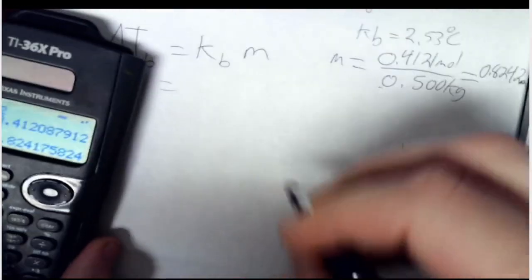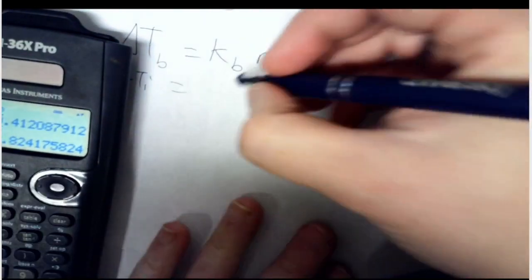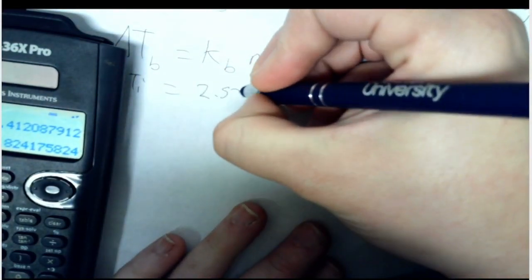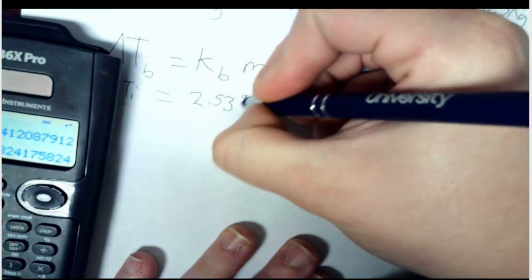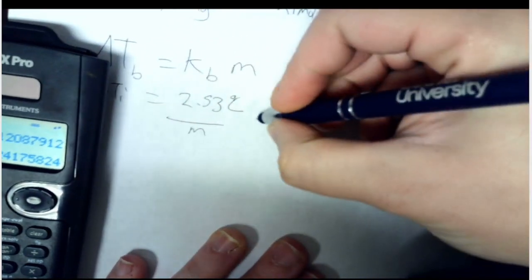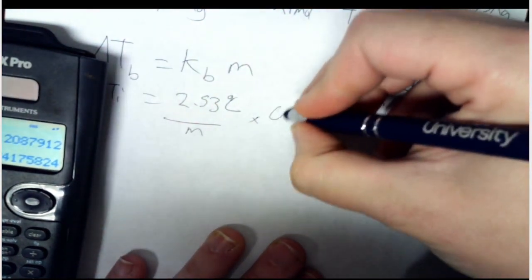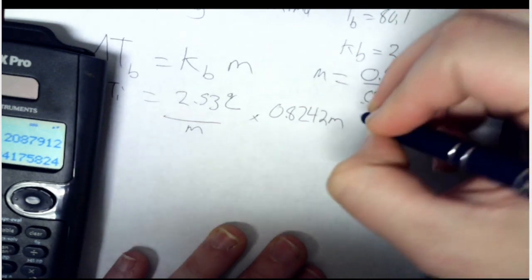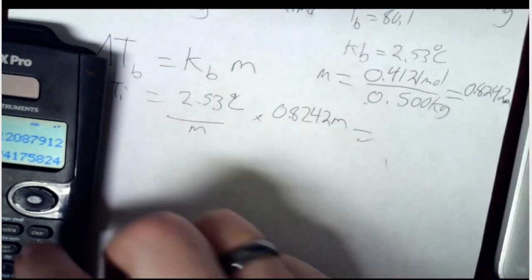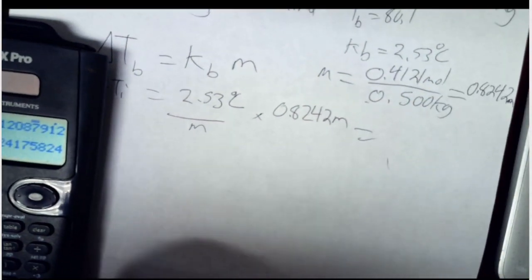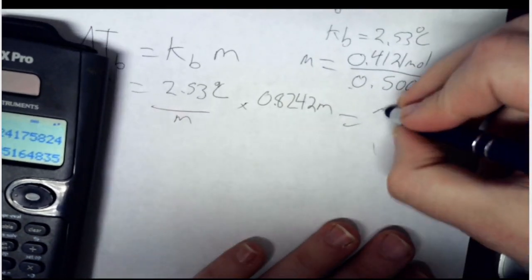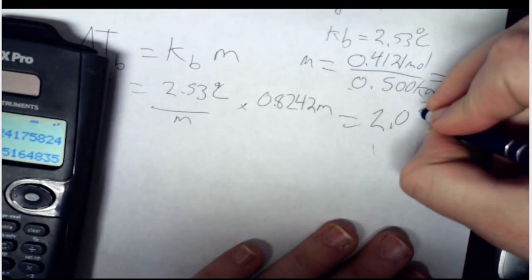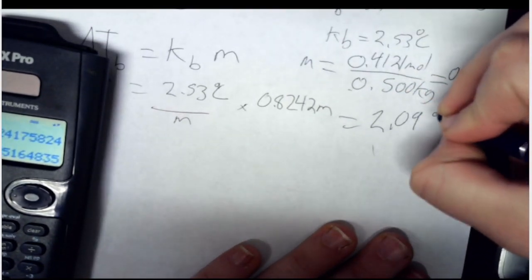So K sub B, which is 2.53, which is degrees C per m, and we're multiplying this by 0.8242 m, would give us a change of about 2.09 degrees C.